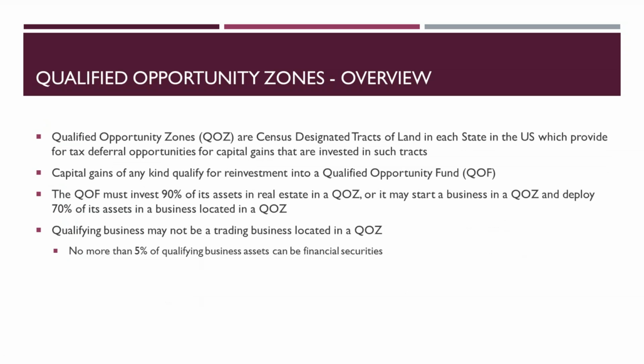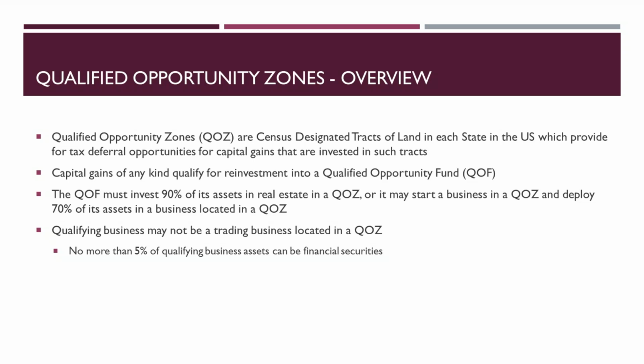Next up, this is a really neat proviso in the tax code, very interesting, and a ton of material being released on it, and potentially a really potent and unbelievable tax break. So there was this mandate basically issued to governors of all the 50 states in the United States under the new tax plan, and the tax plan essentially directed each governor to designate certain areas of their states as opportunity zones.